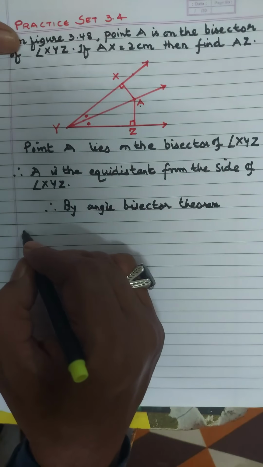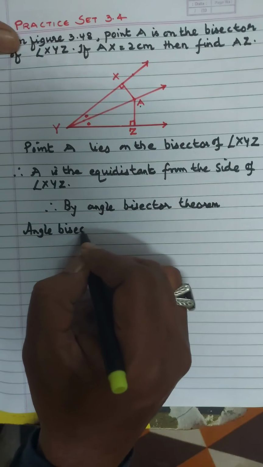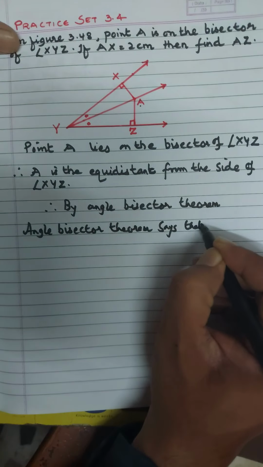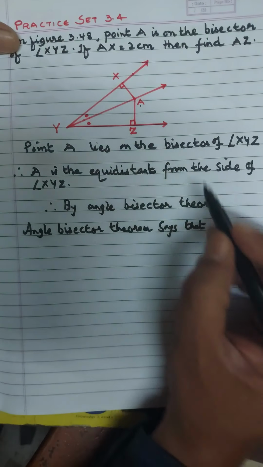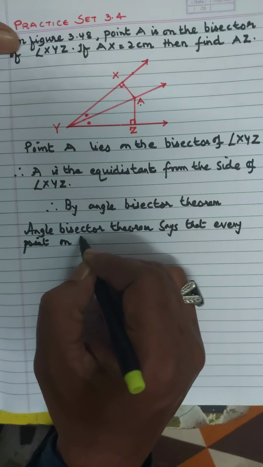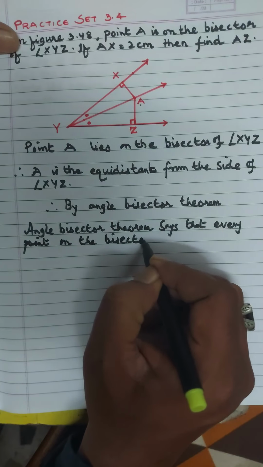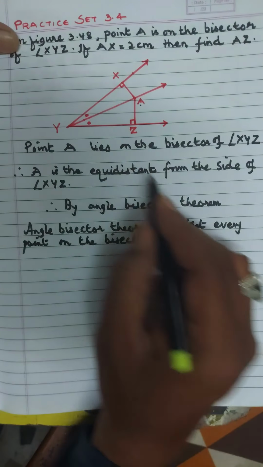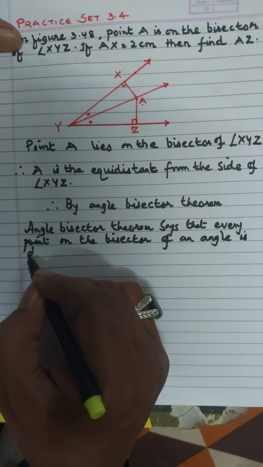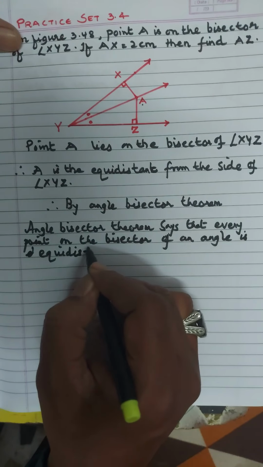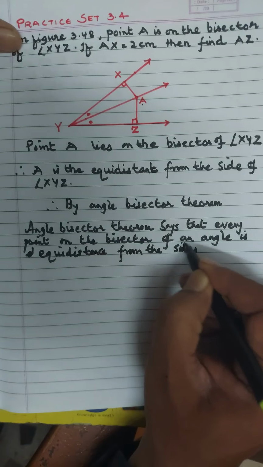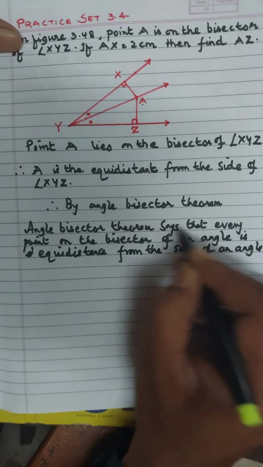The angle bisector theorem says that every point on the bisector of an angle is equidistant from the sides of the angle. So this is what the angle bisector theorem says.